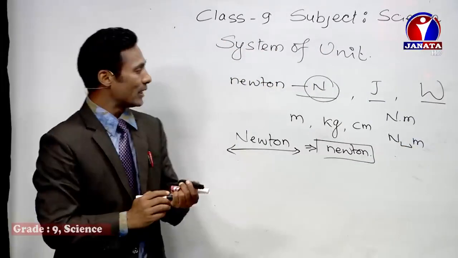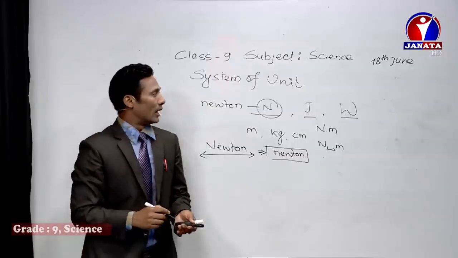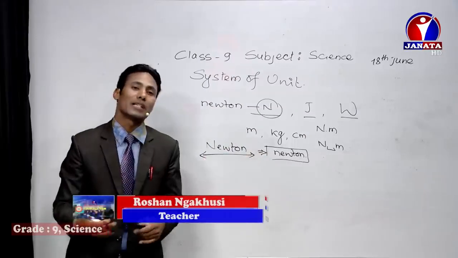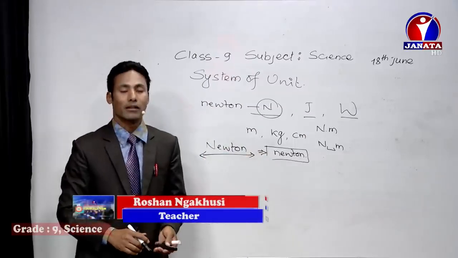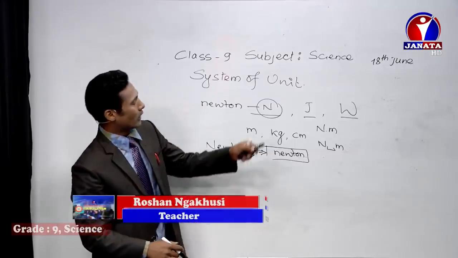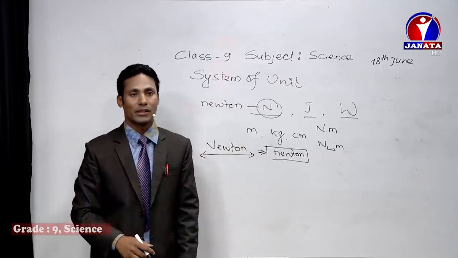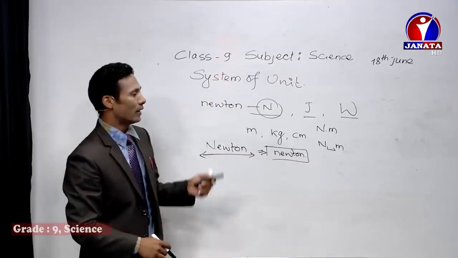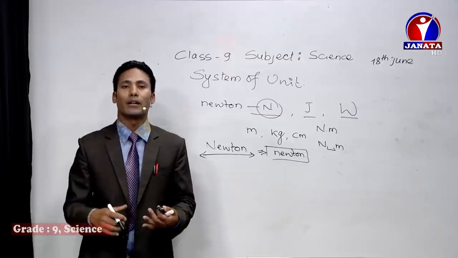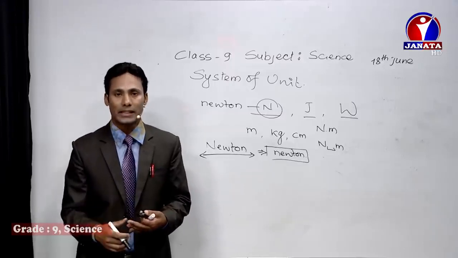So this thing we have discussed today, and about this measurement, some numerical problems are there that we will discuss in the next classes. So let's practice whatever we have discussed today. We have discussed the fundamental unit, derived unit, fundamental quantity, derived quantity, right?